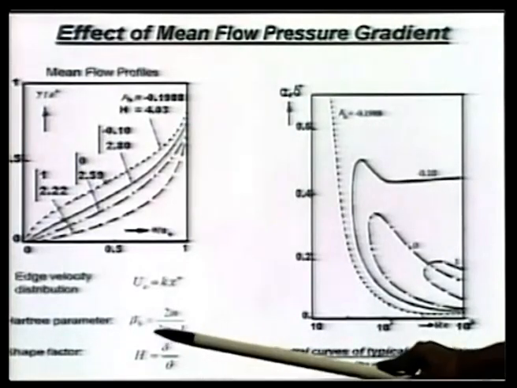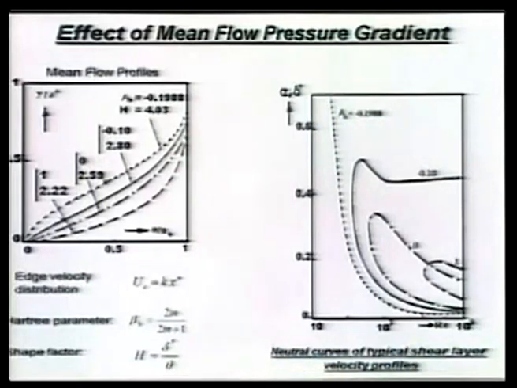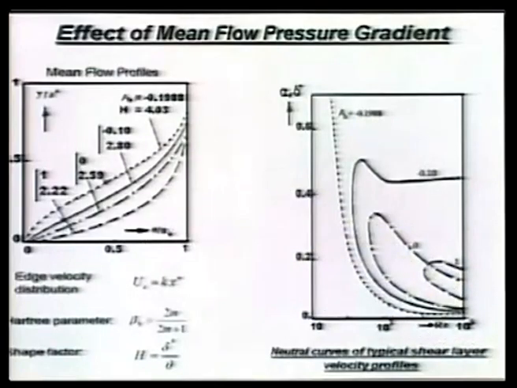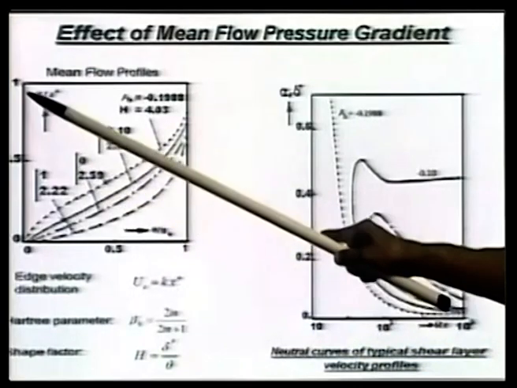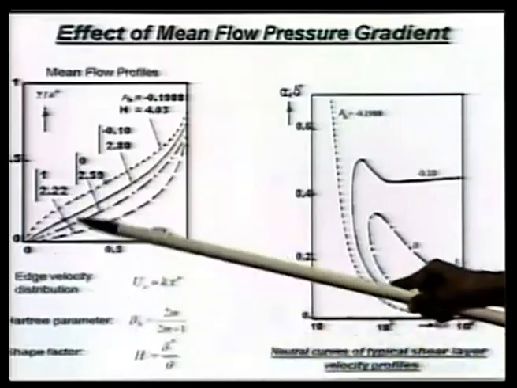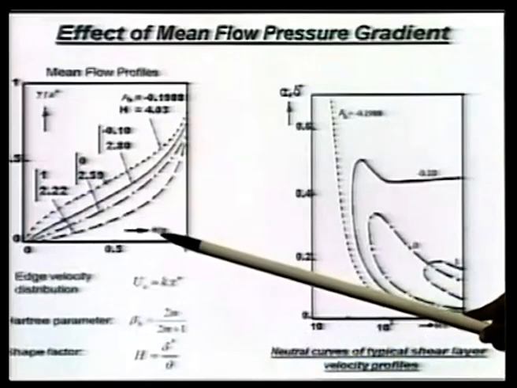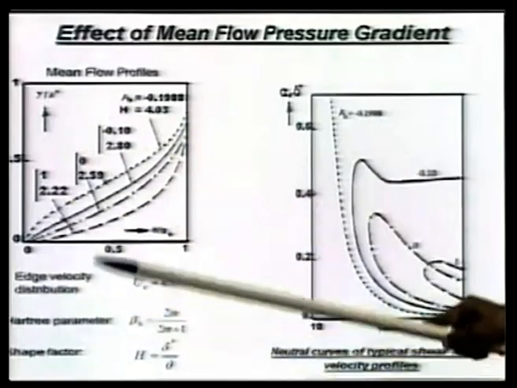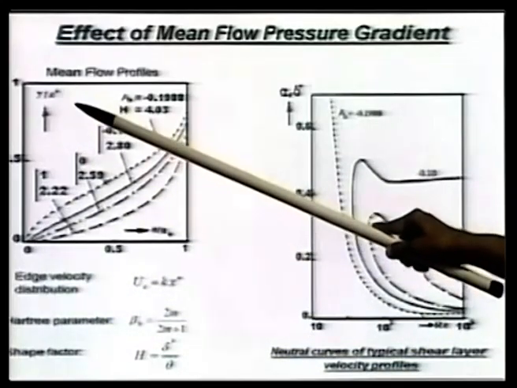So, H is an equally important parameter called the shape factor, and what you are seeing here is basically a velocity profile. You have plotted u by u e versus the height, and the height we have plotted as y over delta star.